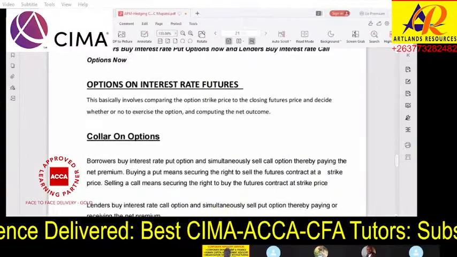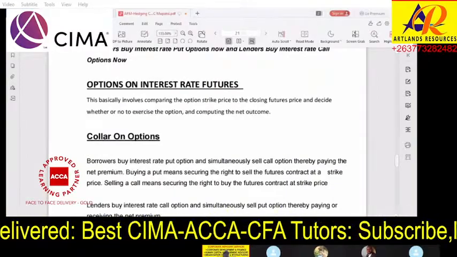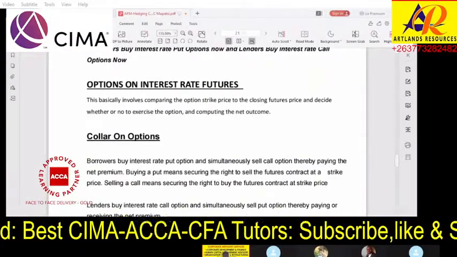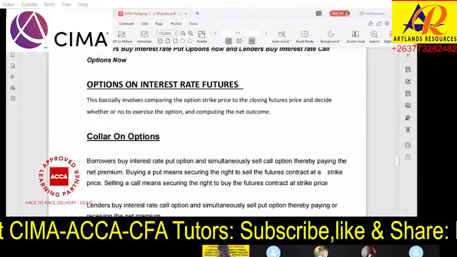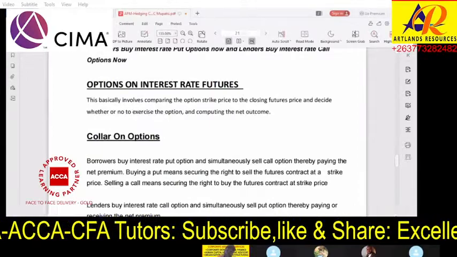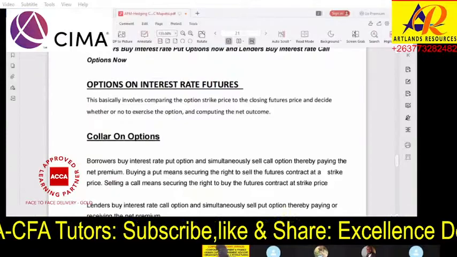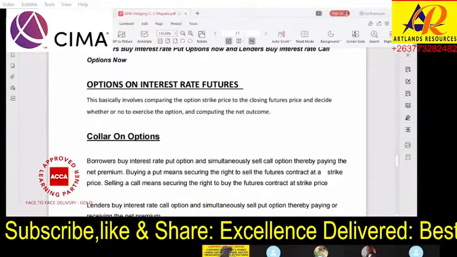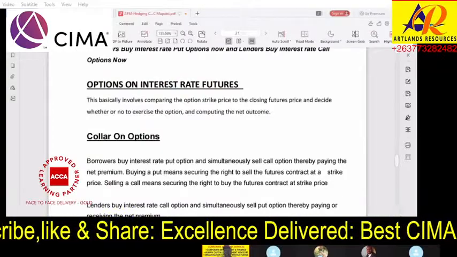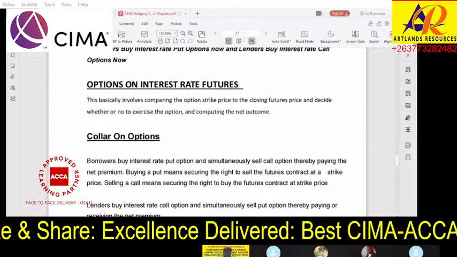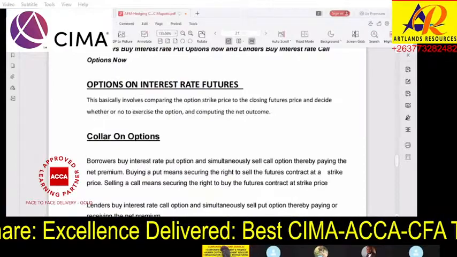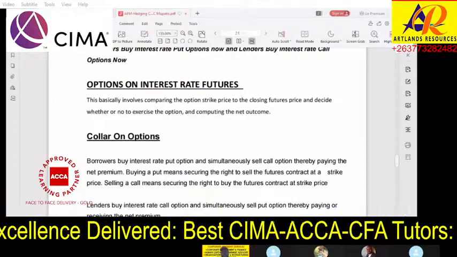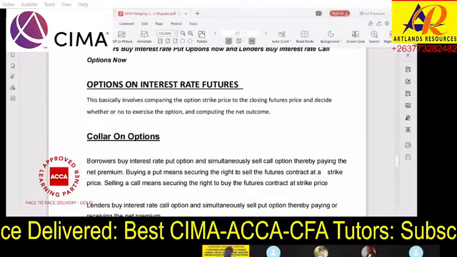Now, options on interest rate futures. As the name suggests, come 3 months, you are choosing whether to go on options or use the futures. This embedment of options with interest rate futures is because interest rate futures, as we have said, are marked to market daily. So if you are making persistent losses, they become not attractive to you.